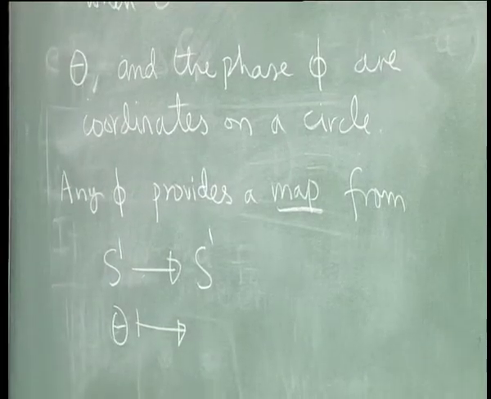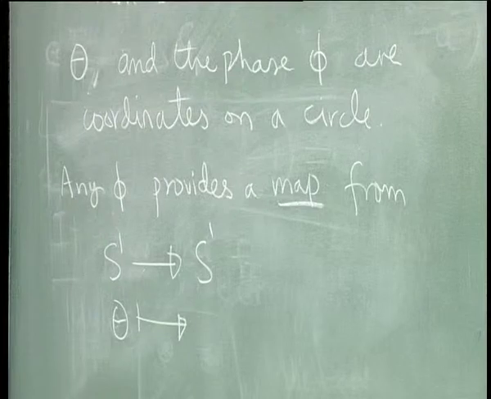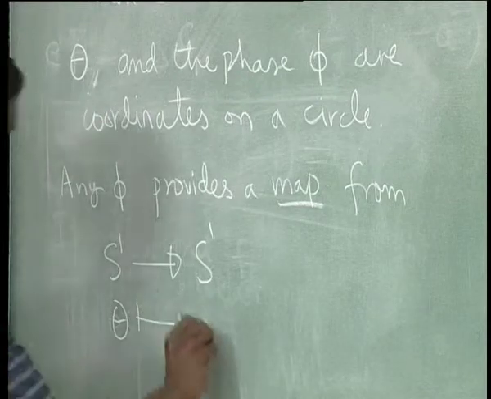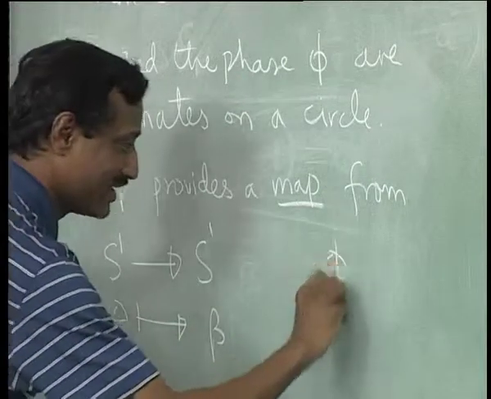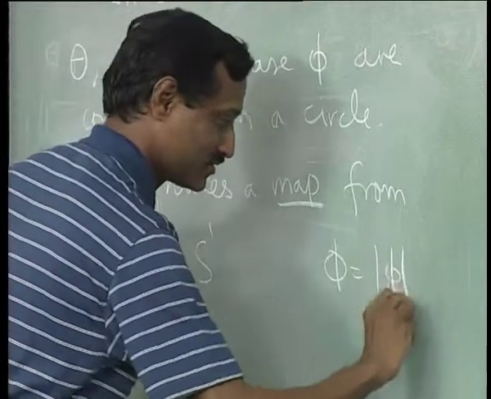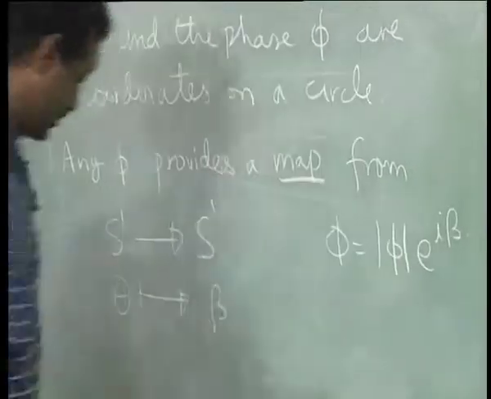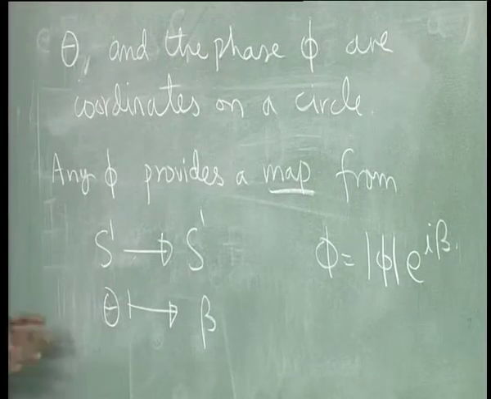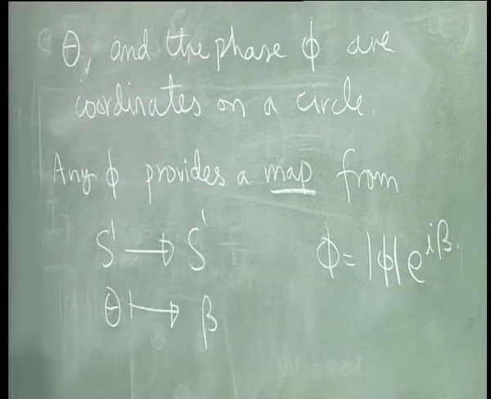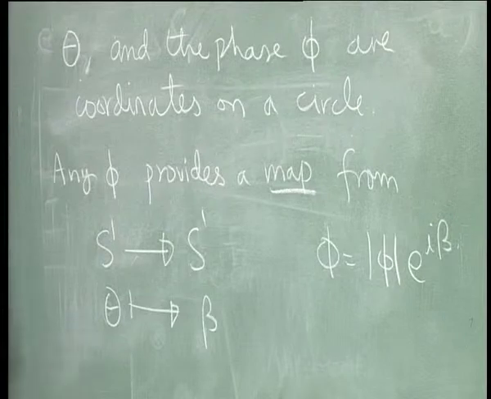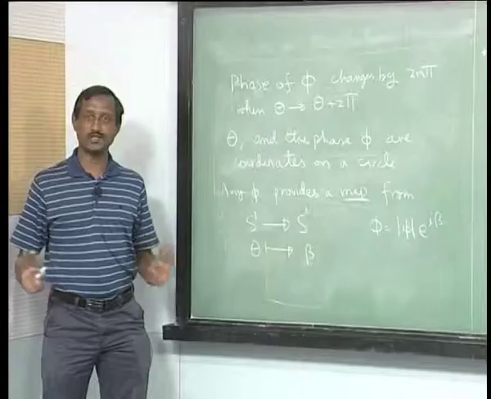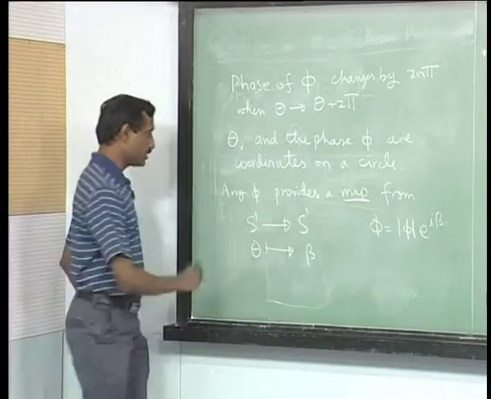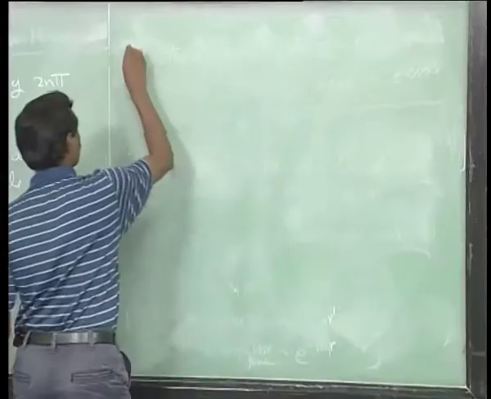So, what did we decide last time to use for the phase of phi? Beta. Okay. So, this is a map where we write phi as some function. Suppose we are interested in maps which are continuous, smooth maps, that is all. Okay. So, consider all smooth maps.